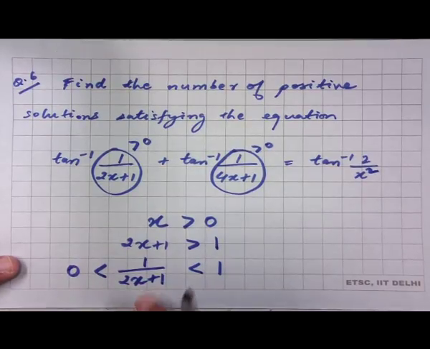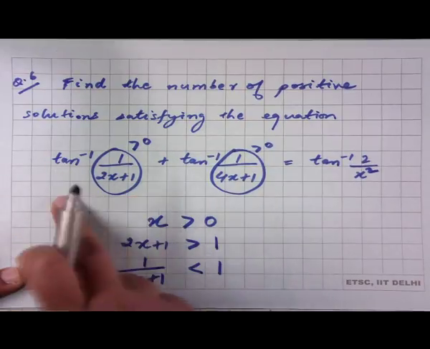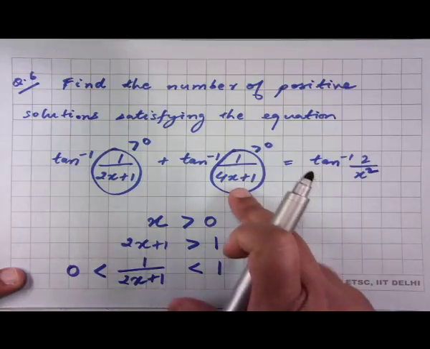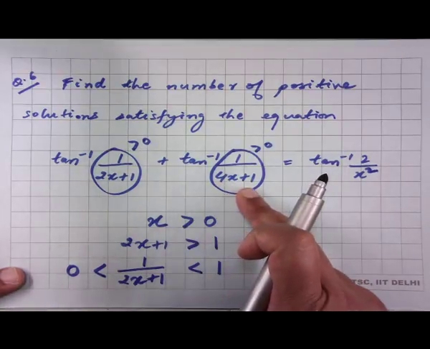So 1 by 2x plus 1, which is the argument of the first tan inverse here, is between 0 and 1, and a similar thing can be said about the second argument here, which is 1 by 4x plus 1.